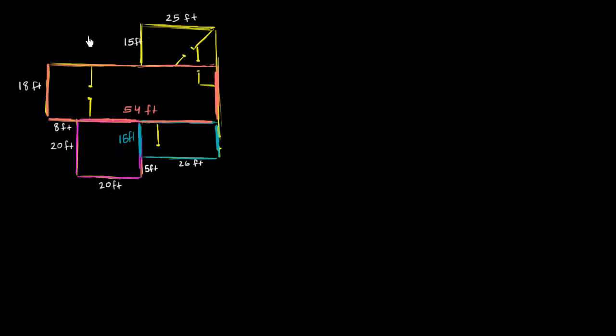And then finally, we have one last rectangle to deal with. This rectangle right over here, which is 15 feet long and 25 feet wide. And so now we can calculate the areas of the different rectangles. So the total area is going to be the 20 feet by the 20 feet. So let's just multiply them. So it's going to be 20 times 20. That's this area right over here. Plus 15 times 26.